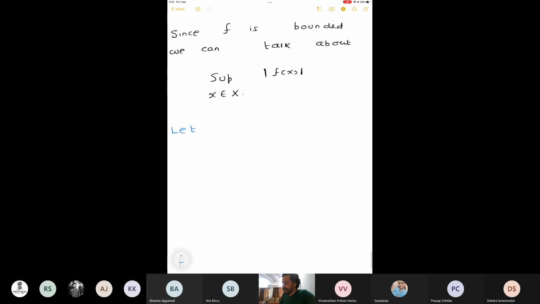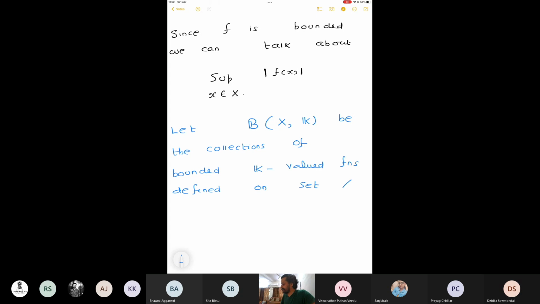Let B(X, K) be the collection of all bounded K valued functions, K is real or complex. So real or complex valued functions defined on the same set X. X needs to be only a set.